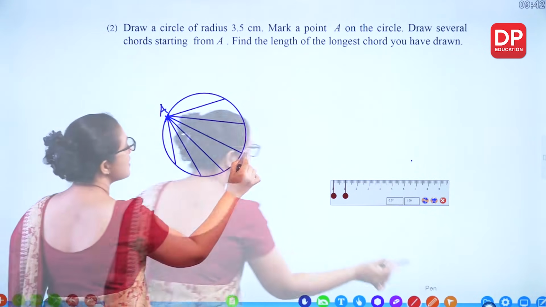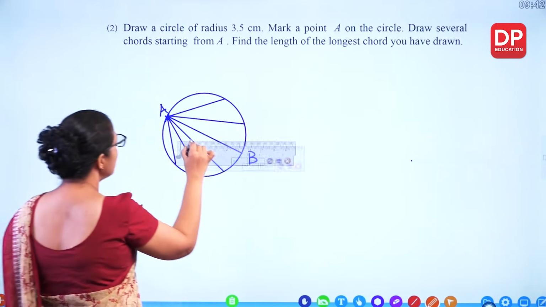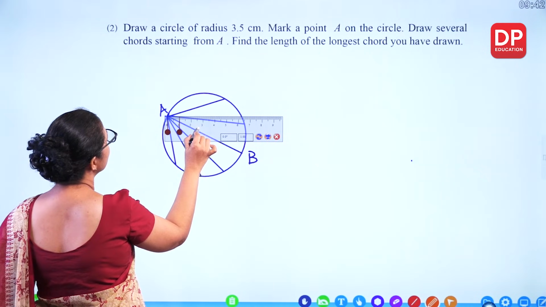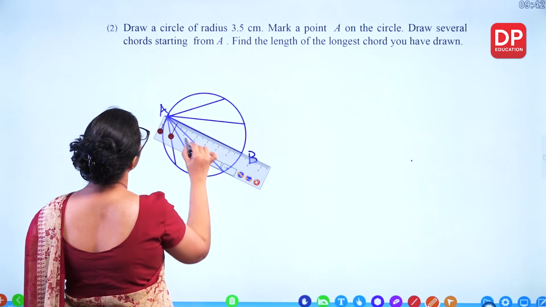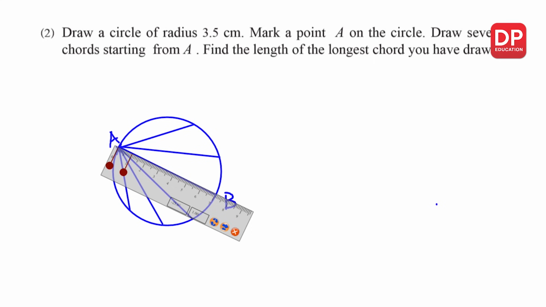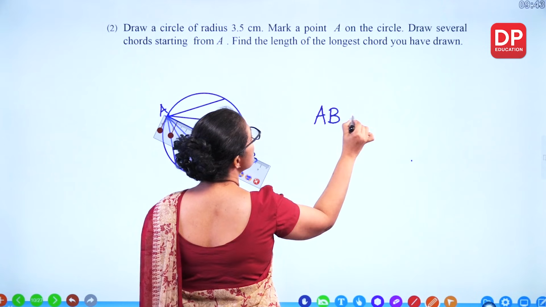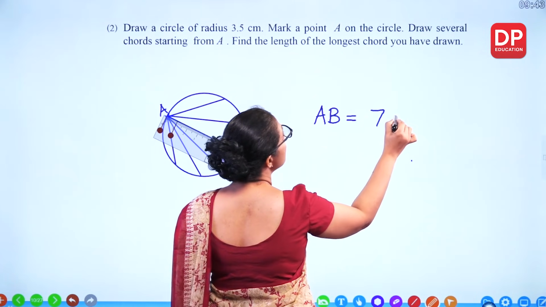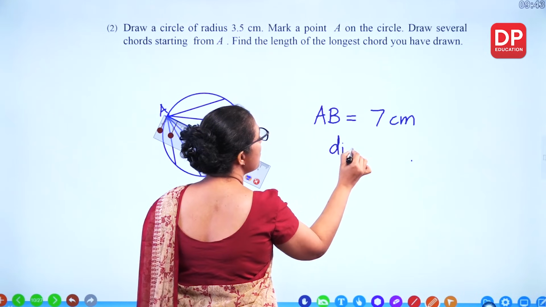The longest one is the diameter. So we'll measure and see. You get 7 centimeters. So AB is the longest one. That's 7 centimeters. That's the diameter.